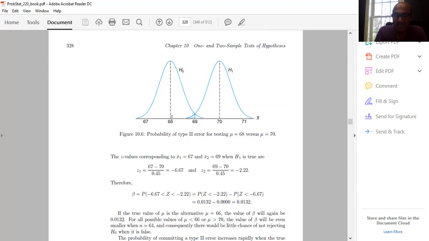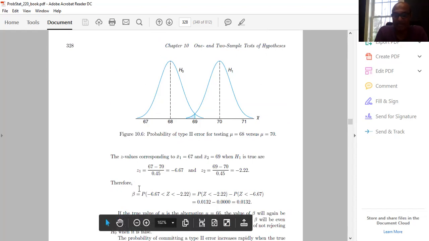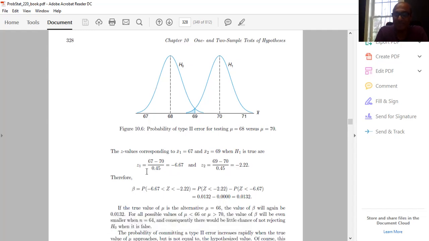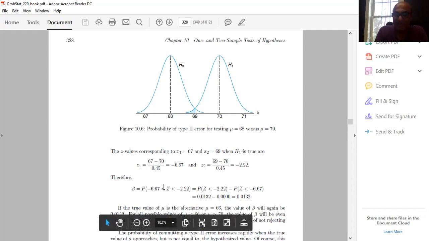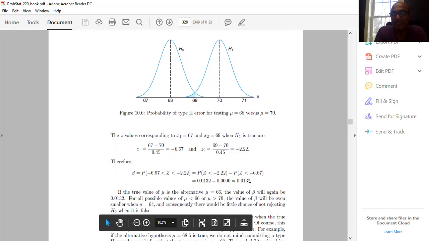I have shifted from 68 to 70, right? And I calculated my beta. If you calculate your beta like this, increasing the mean value a little bit, 68 to 70, so beta equals this one. Again, use table A3 and you're going to get 0.0132. Right, guys?